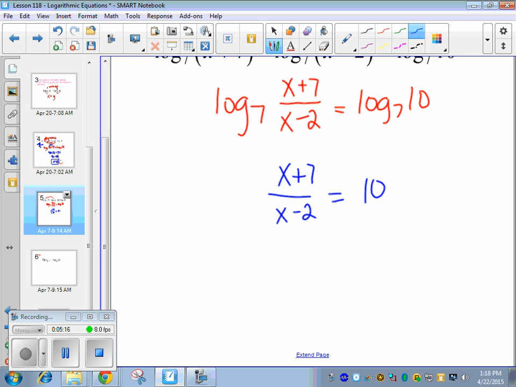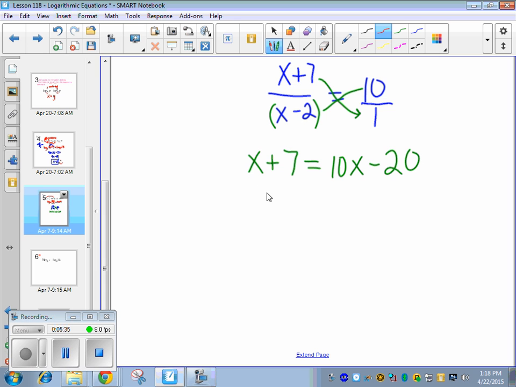So we can drop the logs off. Now I want to solve. I'm going to put this over 1, and I'm just going to cross multiply. So x plus 7 times 1 is x plus 7. And we're going to multiply this by 10. Be sure you multiply the whole thing by 10. So it's 10x minus 20.